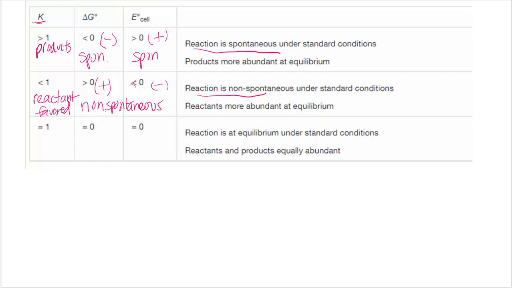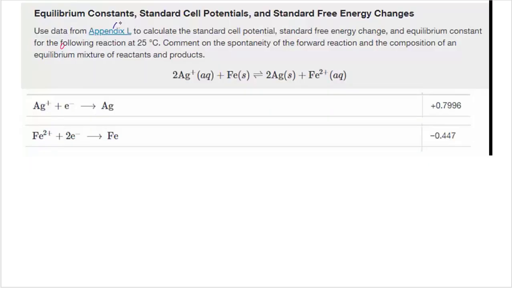It's telling us those reactions are non-spontaneous in the forward direction under standard states, and those reactants are more abundant. And then K at 1 is telling me that we're at equilibrium, and that reactants and products are equally abundant.